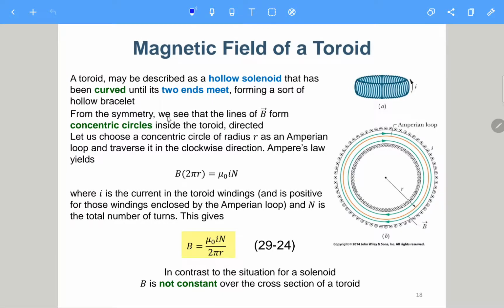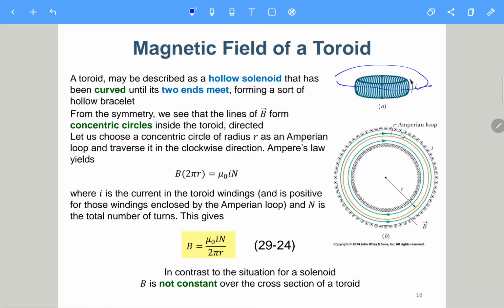For the symmetry, we see that the lines of the B field form concentric circles inside the toroid. Now we can consider the cross section of this toroid, and then we cut it like this, so that we can see the current here going into the page, and for the outer loop the current is going out of the page.